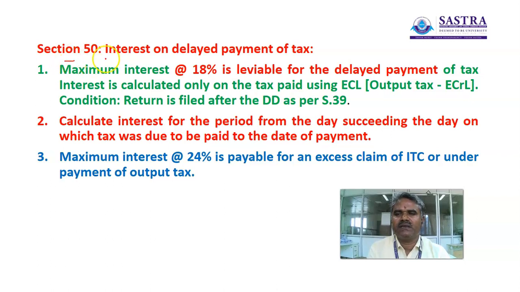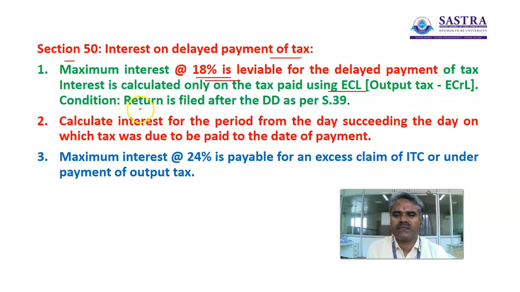Section 50. Interest on delayed payment of tax. Suppose you are delaying the payment of tax. Then the government charges 18% interest. Interest is calculated on the tax paid using the electronic cash ledger, the output tax.